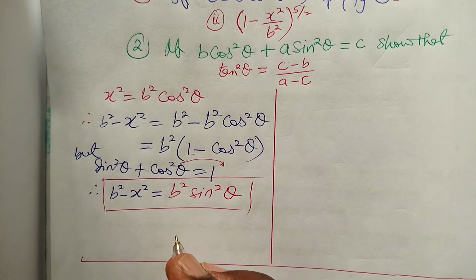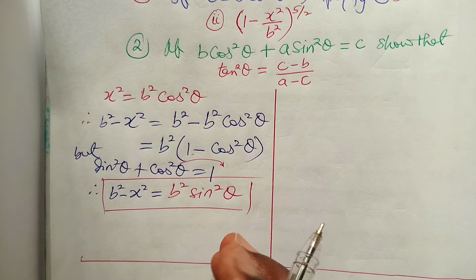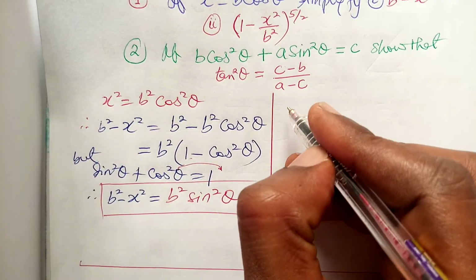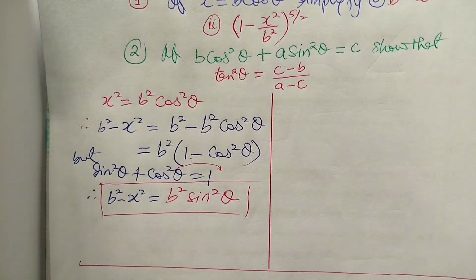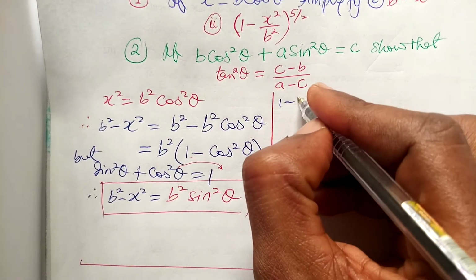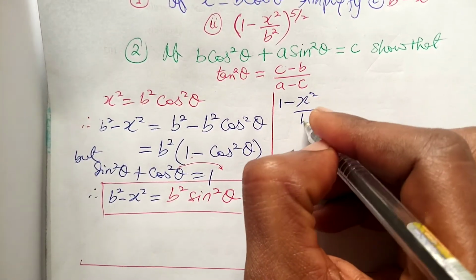The next one is to substitute into 1 minus x squared over b squared.